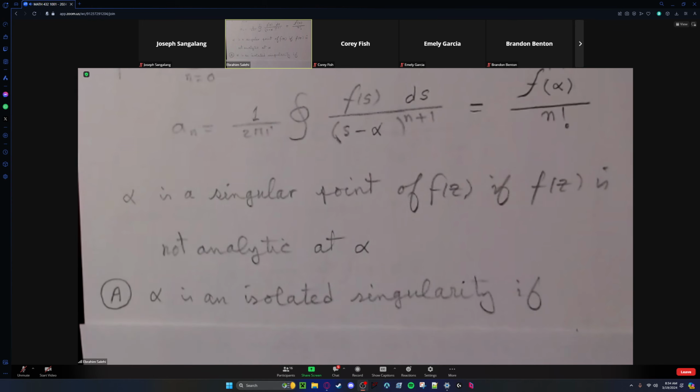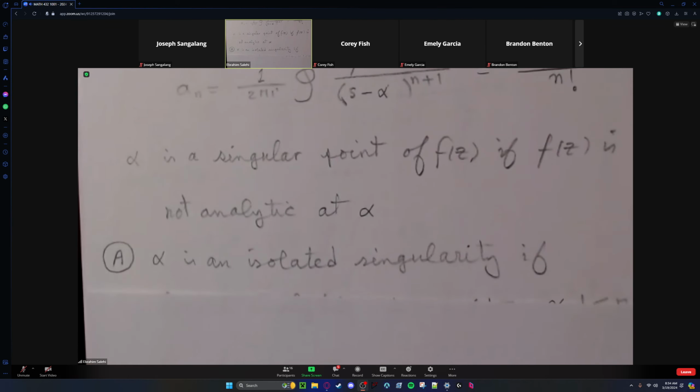Well, the singularities, the bad points, we decided to have two main categories of those singularities. One is isolated singularities, all right?